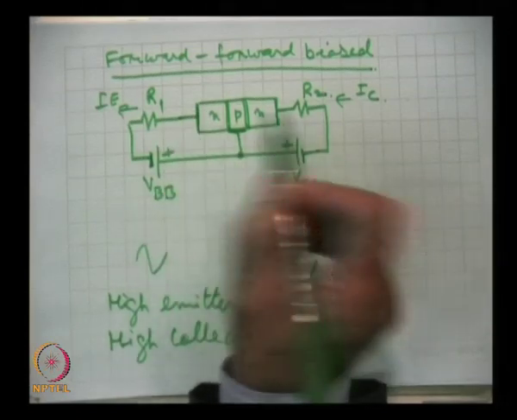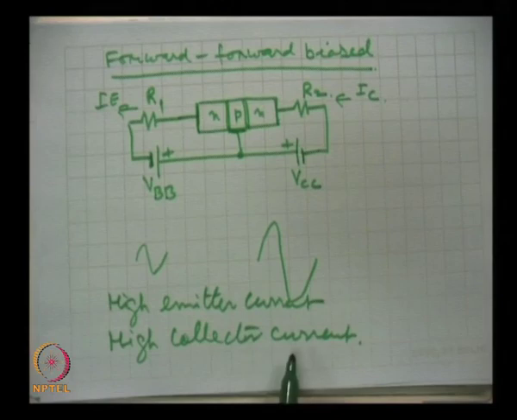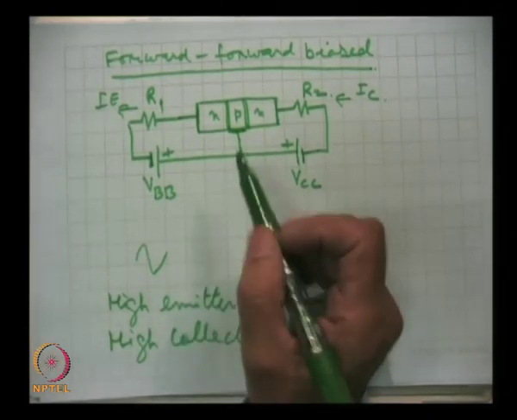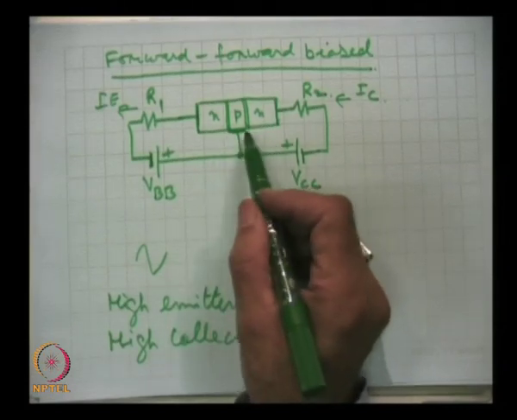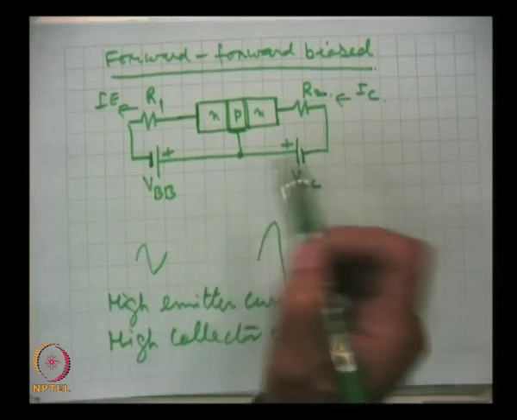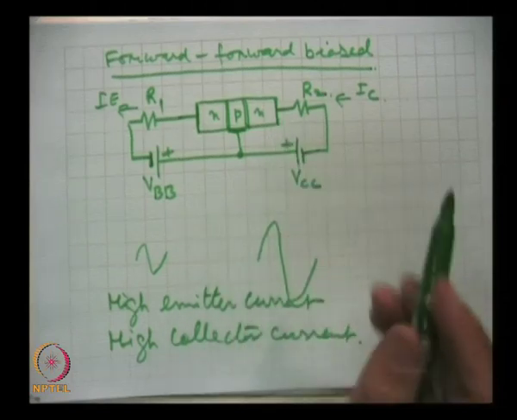So, that will not happen. In spite of the fact that high emitter current and high collector current flow in this circuit, with emitter junction forward biased and collector junction forward biased, the two currents are almost, this is important, almost independent.